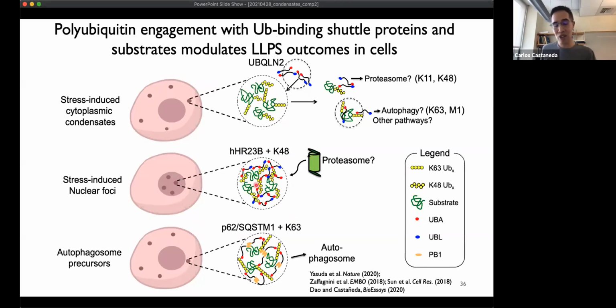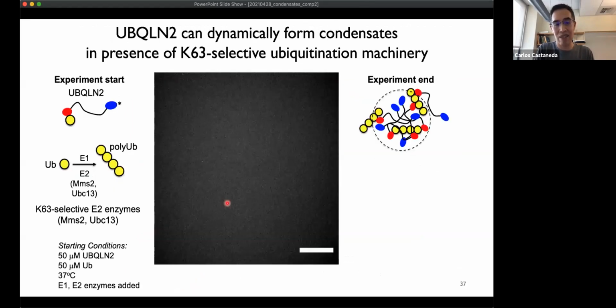Interestingly enough, there's another shuttle protein that prefers to interact with K48 and make a stress-induced nuclear body. What's interesting about this protein is that it actually has multiple ubiquitin binding domains that might be necessary for it to promote phase behavior with K48. So we think that these different types of chains are modulating phase behavior outcomes that you could see inside cells. And we've been using the ubiquilin protein as an example of that.